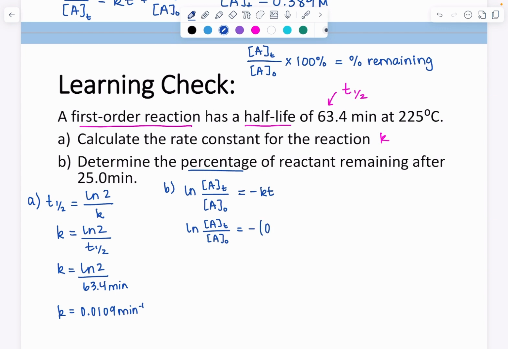So plugging in values, we just calculated k, and then time is 25.0 minutes.